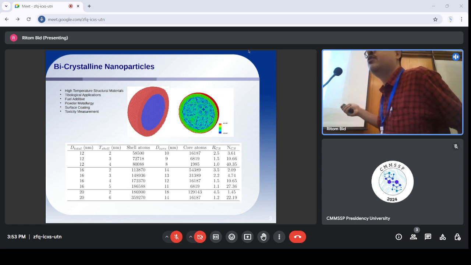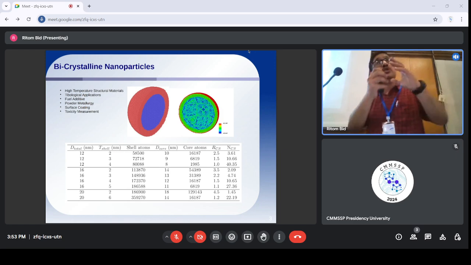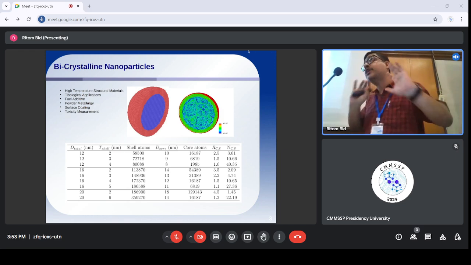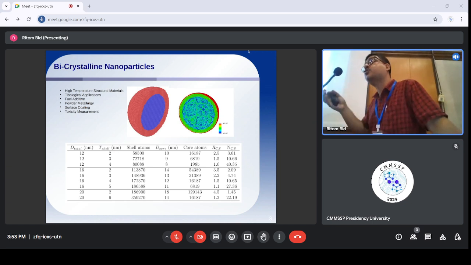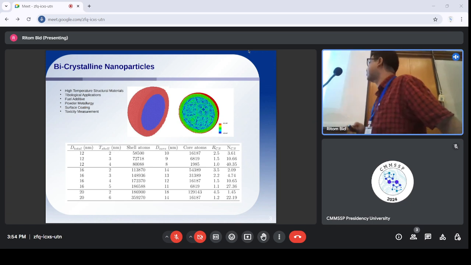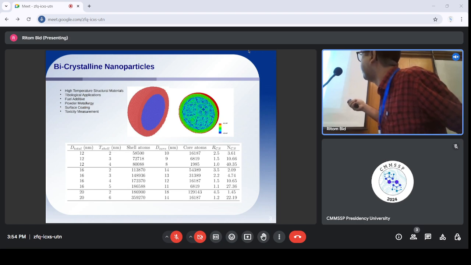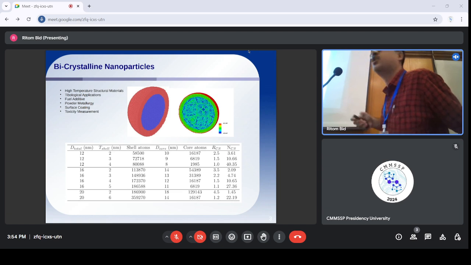It's just coloring of these two different materials. Once we do that, we relax the system with conjugate gradient relaxation. And this is what you see: there are so many lower or lowest energy structures even at the interface.